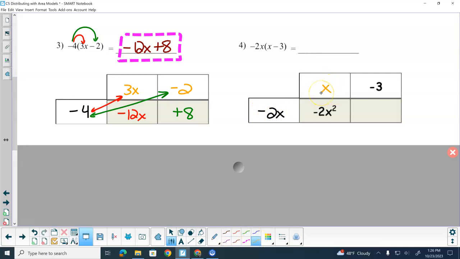Whatever's inside goes in those two spots. So when we multiply -2x times x, we get -2x squared. Because it's like -2x times x times x is x squared. So that's how we get -2x squared.